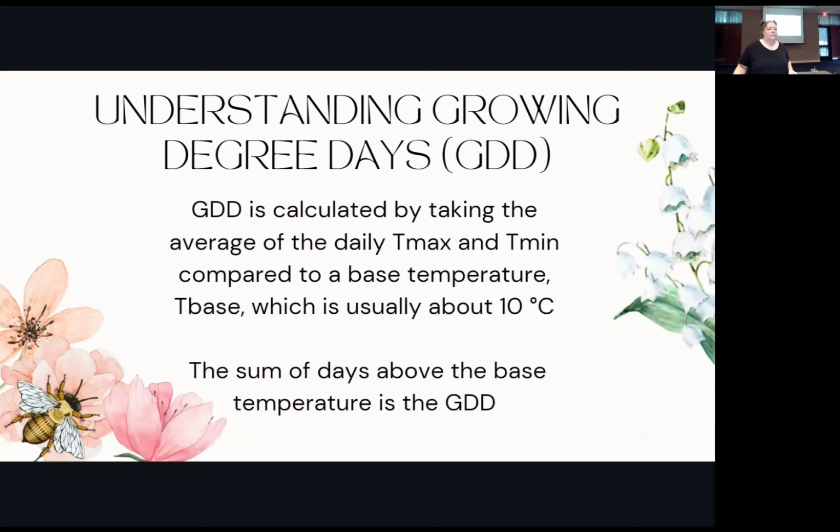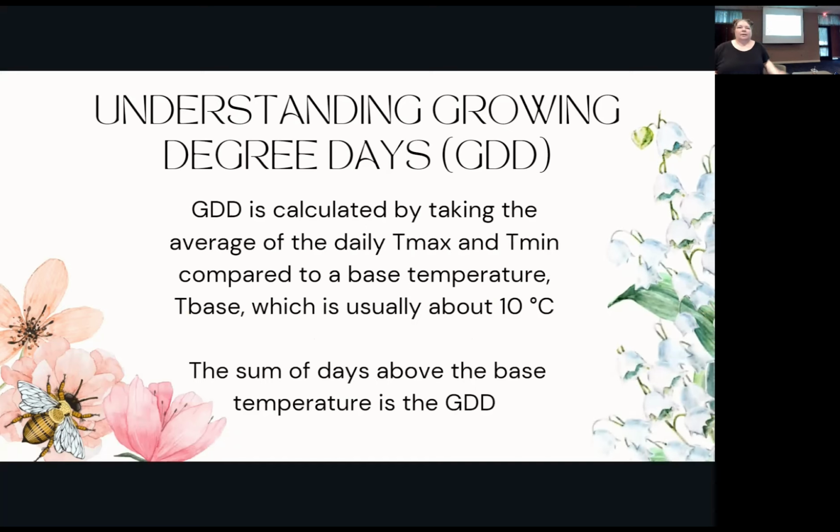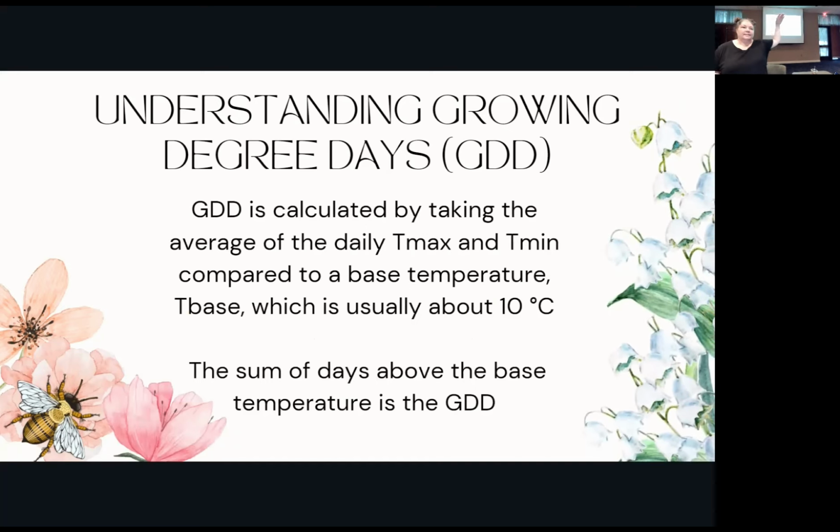What growing degree days are is you take your maximum temperature for the day and your minimum temperature for the day, and you find the average. So you add those together, divide by 2, and then subtract the base temperature, which, if you don't know, is about 50 degrees Fahrenheit.